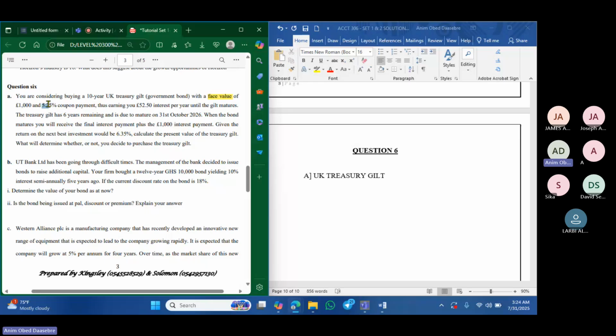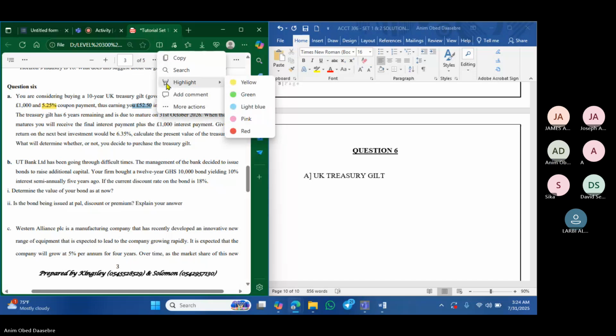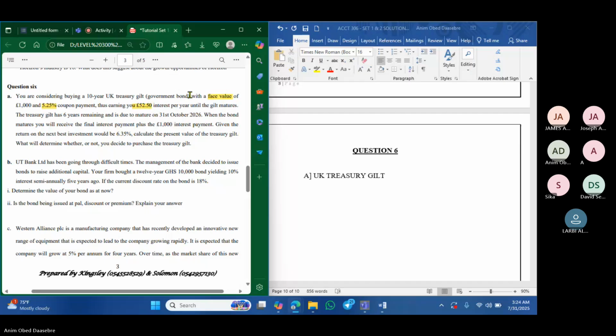That is the rate, and it earns you 52.50 euros interest per year until the gilt matures.